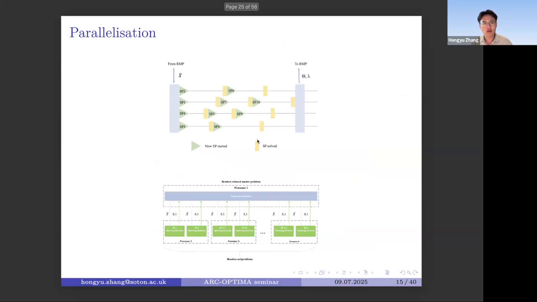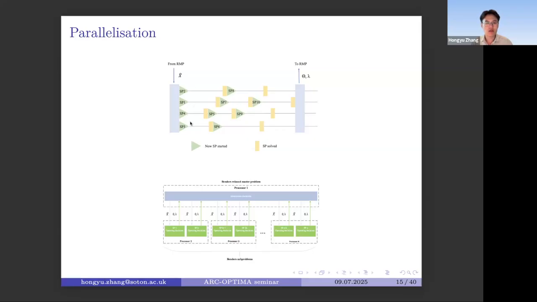So in terms of parallelization, what we did in this paper is that we use asynchronous parallelization to solve the subproblems. Okay, so what do I mean by that?